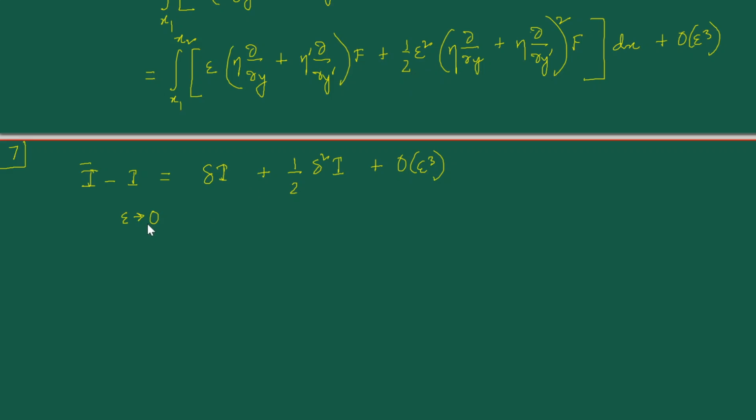Because epsilon is very small, tending to 0. So for example, if epsilon is something like 0.1, the square of that is even smaller, 0.01.